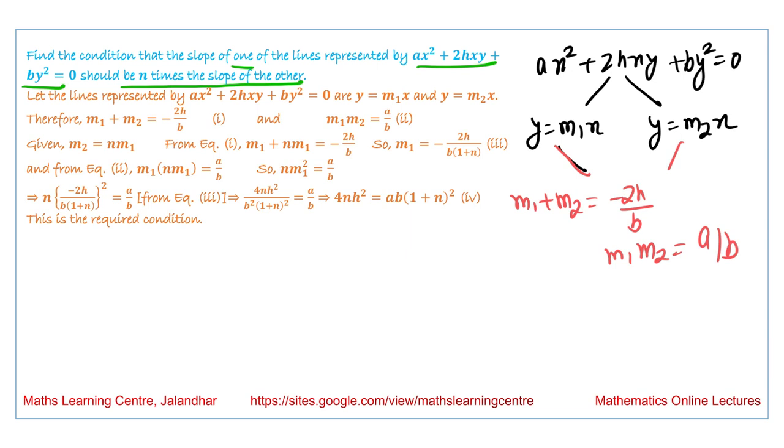Now from the given problem, the slope of one is n times the other, so we write that m2 is equal to n times m1.